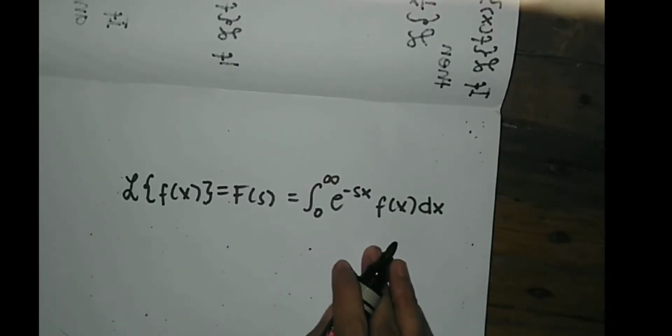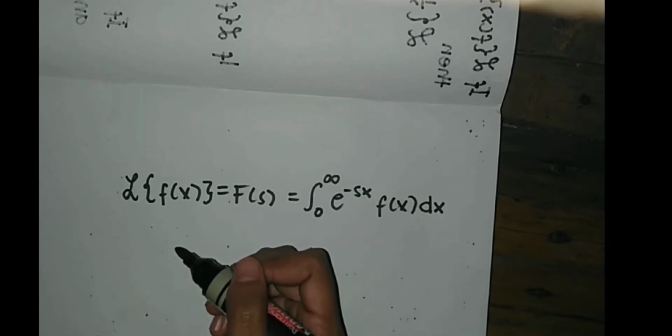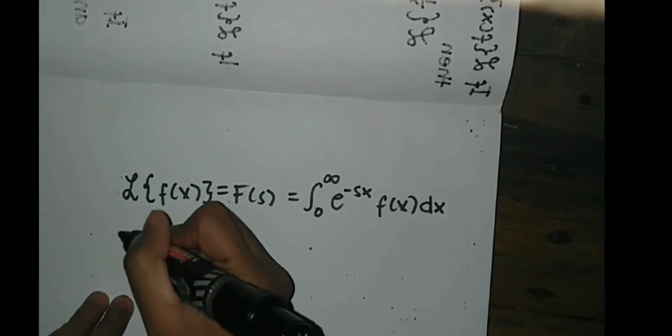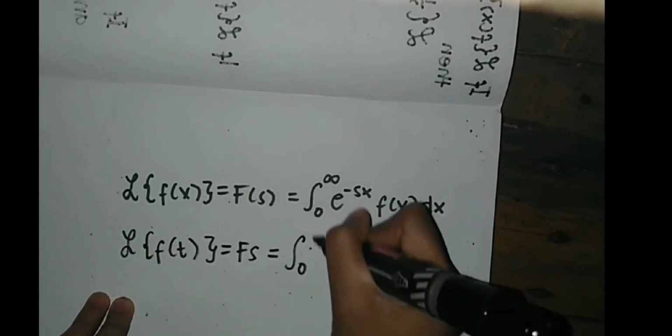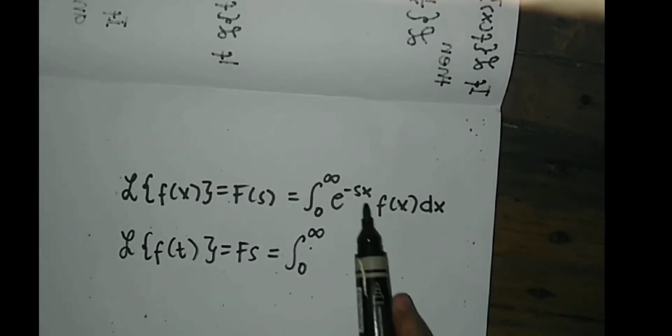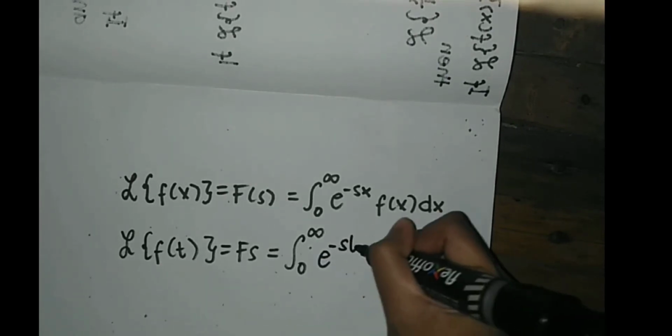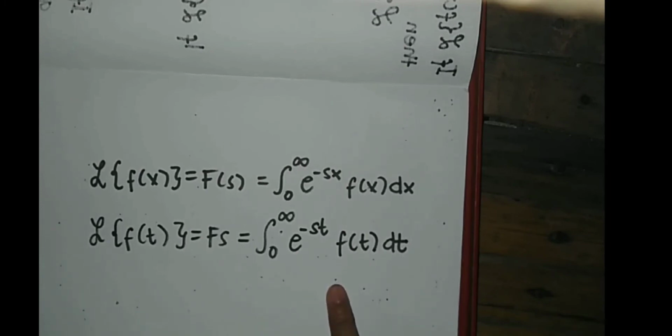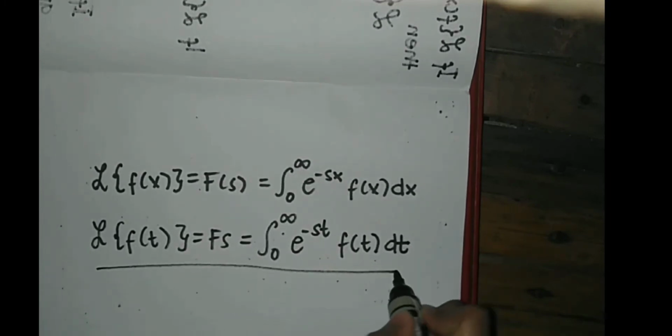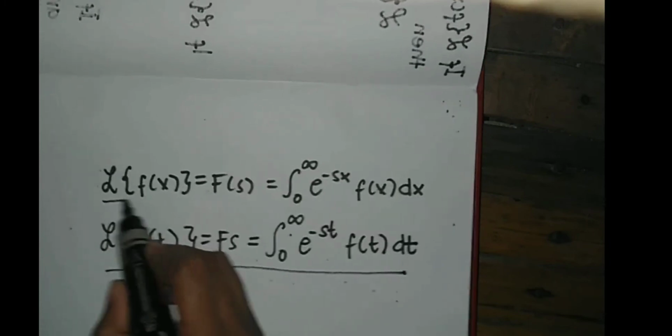So we have this from the previous one. Our variable of interest is t, so we can replace x by t. We have this, the counterpart of this one.